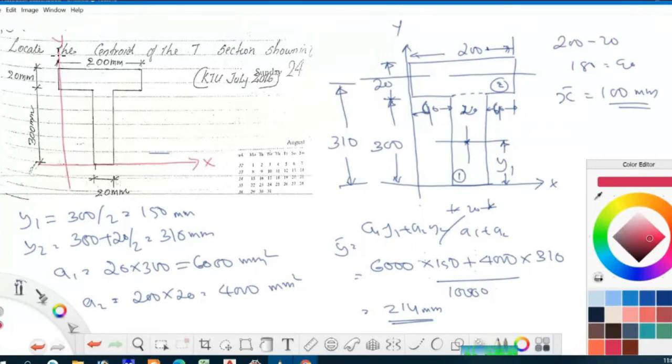This is X, this is Y, the distance is 214, so it will be somewhere here. This distance will be 214, and this distance will be 100. So this will be G, the centroid.